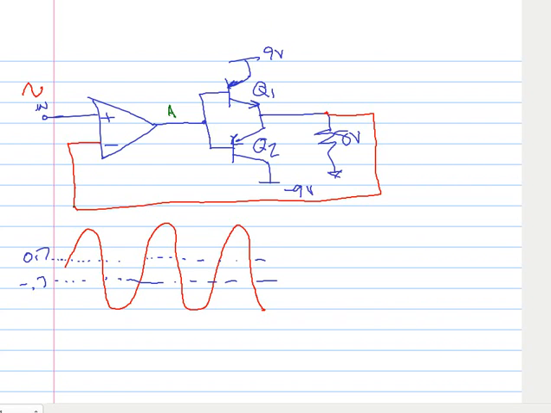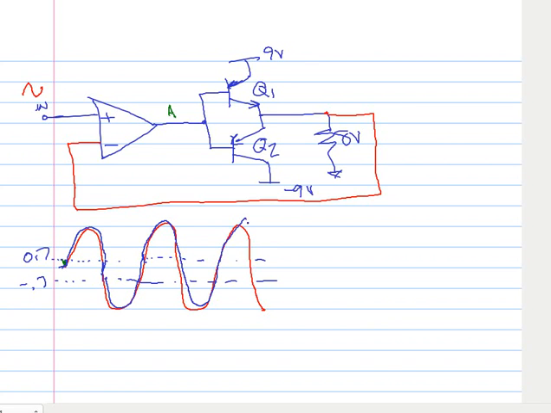So what happens is any small perturbation in the input causes a large perturbation at node A. This large perturbation at node A turns transistor Q1 on, for instance, if it's positive going. So now what we would see is a smaller period where there's distortion due to crossover. Then the output would follow the input. We'd have a smaller period of disruption in that crossover region, and then the output would follow the input.